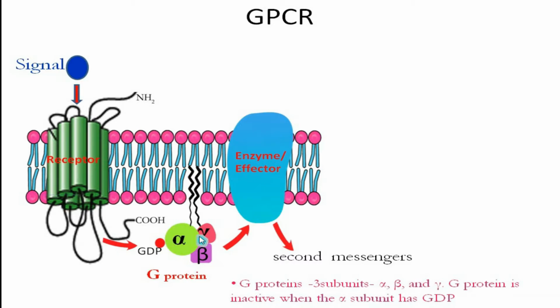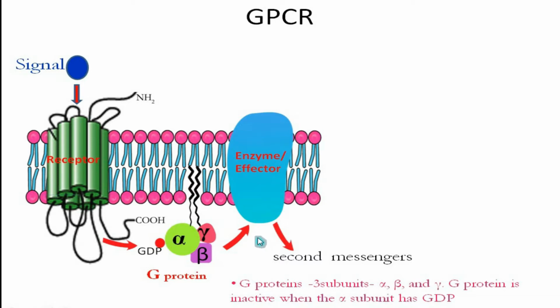The G protein binds either GDP or GTP. When GDP is attached to the alpha subunit, the G protein is inactive. When GTP is attached to the alpha subunit, the G protein is active. And here you can see the G protein is attached to the plasma membrane by lipid chains that are covalently attached to the alpha and gamma subunits.